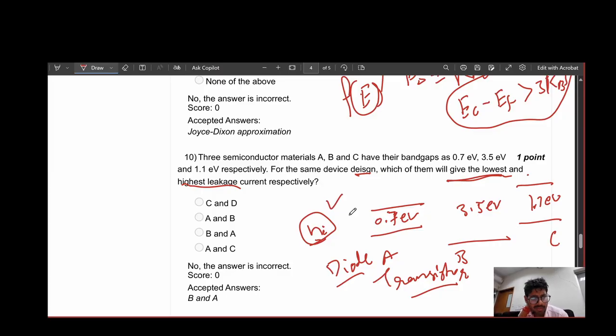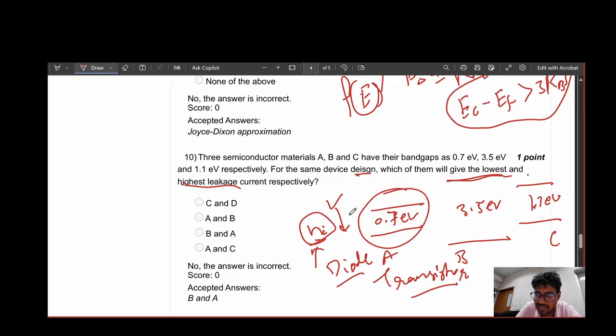I don't remember the name of the equation, but if the intrinsic carrier concentration is more, there will be more leakage current, and if it is less, there will be less leakage current.